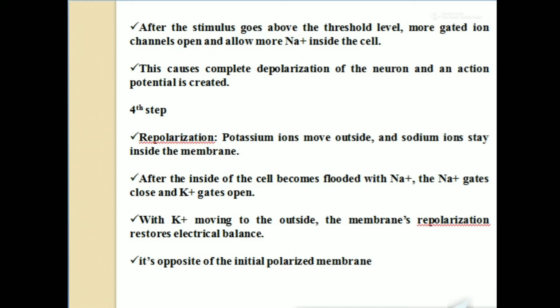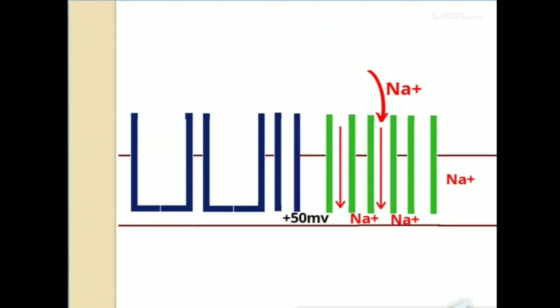The journey from -70 to +70 is the action potential when it reaches its peak. When all sodium channels of the region remain open, not only one or two, and sodium passes from outside to inside, this condition is known as action potential.